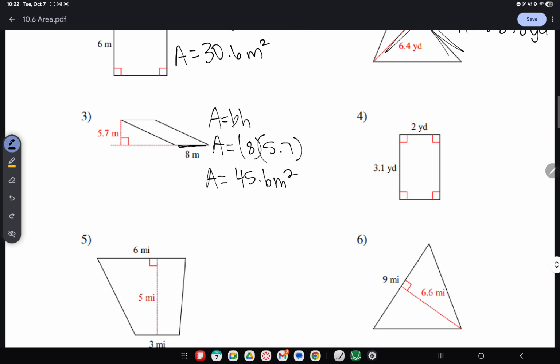I have another rectangle here, so 3.1 times 2, because it's length times width. And I get 6.2. And it's in yards, so yards squared.